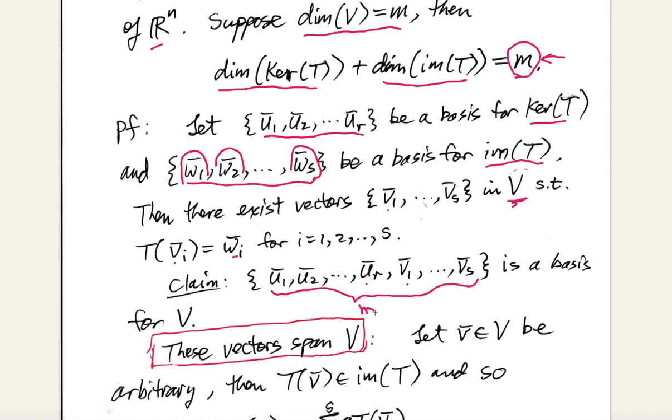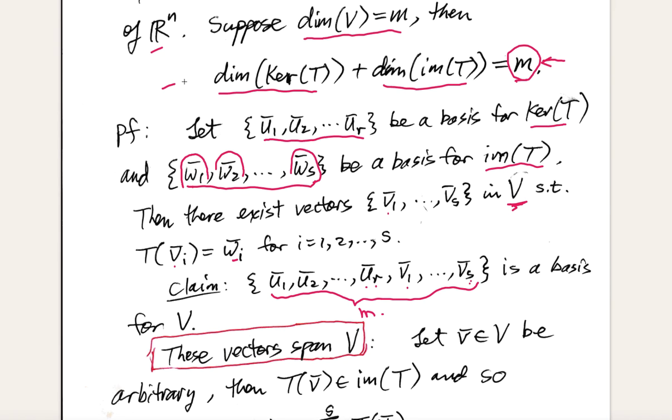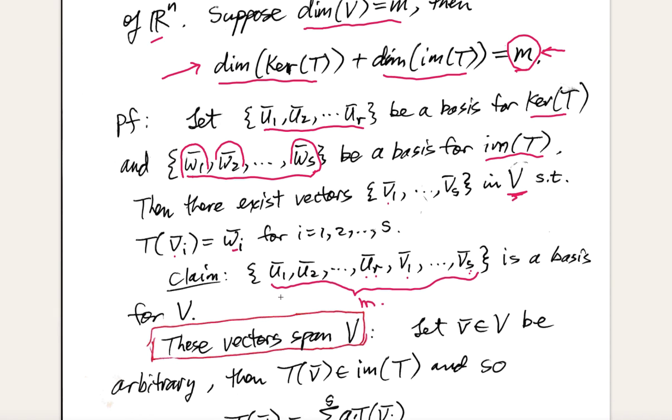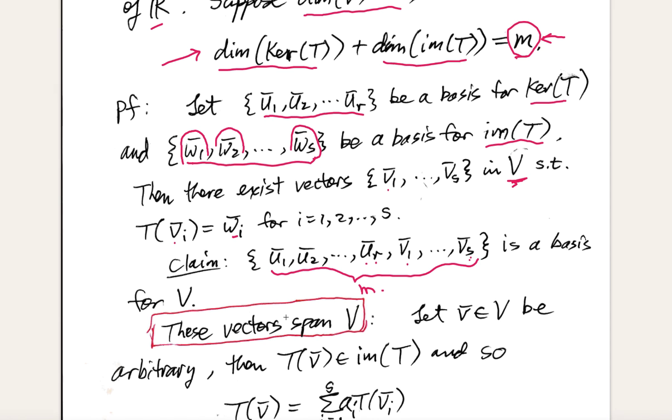Since I've got r of these, because I counted from 1 to r on the u's, and then 1 to s on the v's, we somehow have to show that r plus s is equal to M, and that will establish this. So I'm going to show r plus s is equal to M. Now, how do I show it's a basis? Two things.